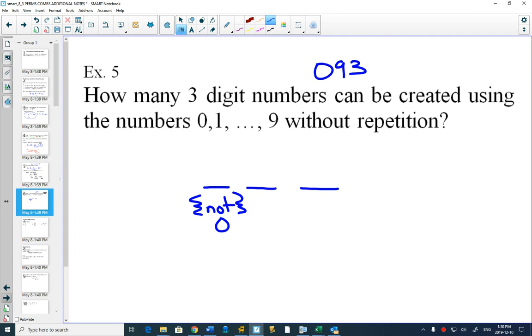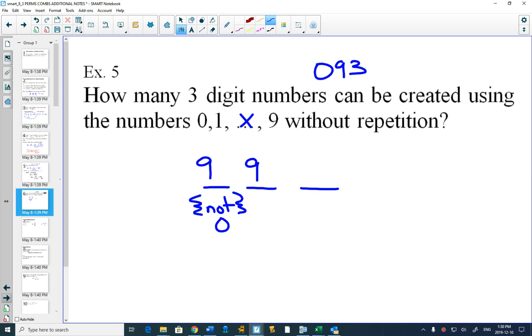So how many choices? You have to deal with your restriction first. How many choices do you have for that first digit? Everything but 0, 9 numbers. And if you wrote out 0 to 9 and you picked some number out of there, how many choices do you have for your second one? 9 again. Why? Because now 0 gets put back in.